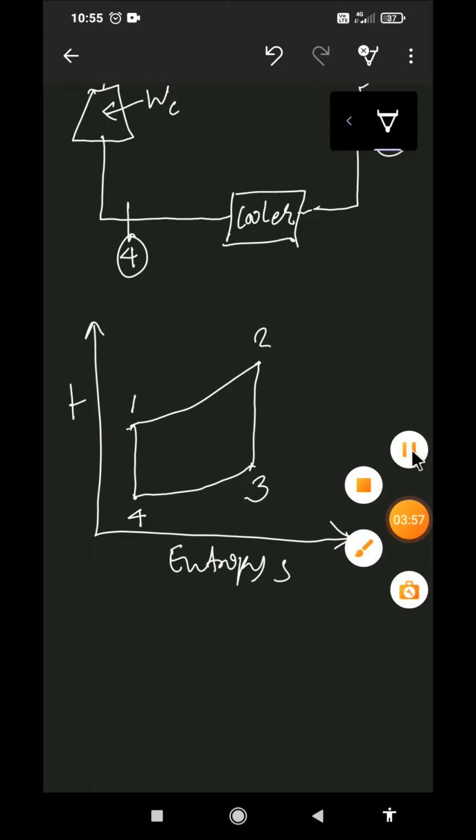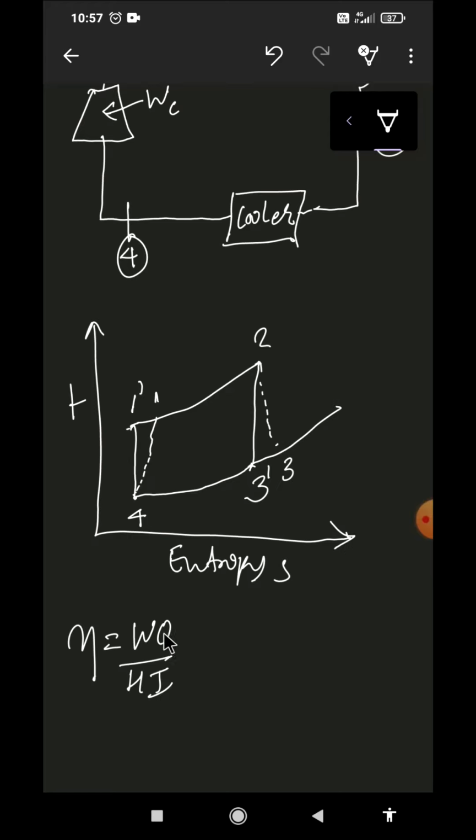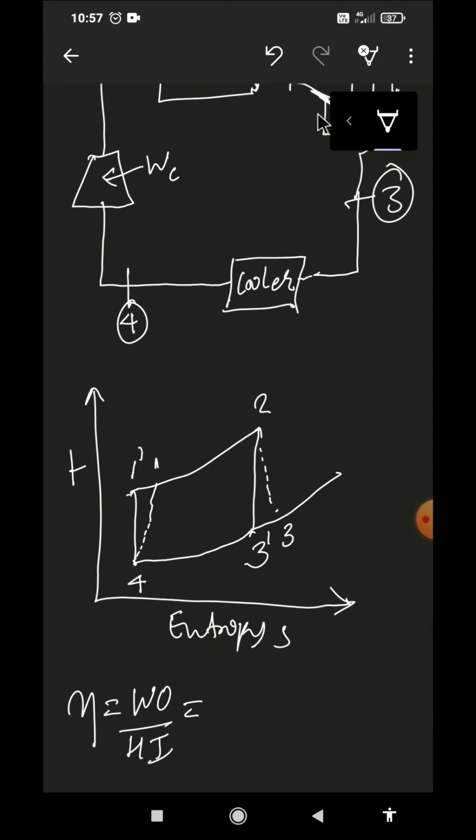In terms of the TS diagram, efficiency is equal to work output upon heat input. Where are we getting the output? In the expander, that is the generator, the 2 to 3 process.